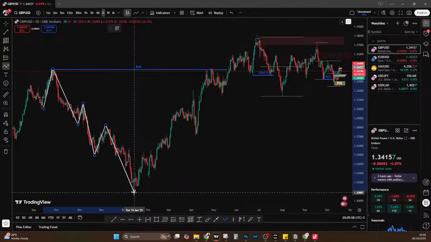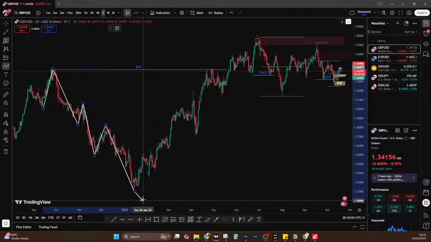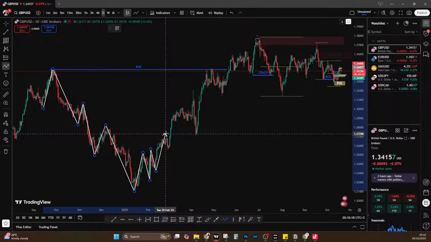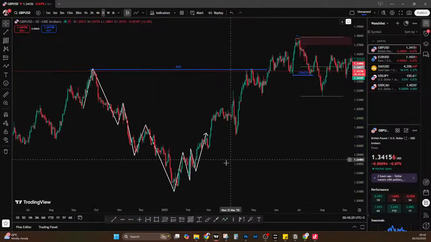Okay, when we got here, we did not make any more lower low, so the market started to move in the opposite direction, like this.